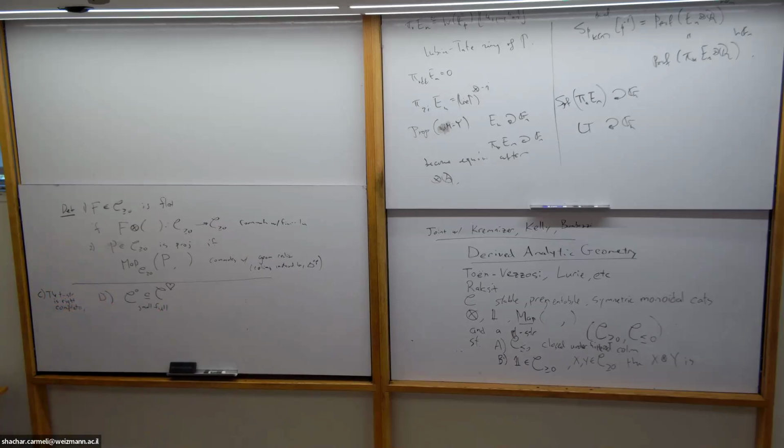I believe in all the examples it's also left complete, but that's a consequence. D: the intersection of the truncations is 0, whichever direction the truncations go.